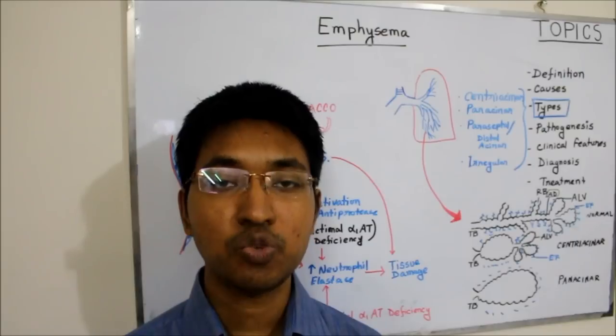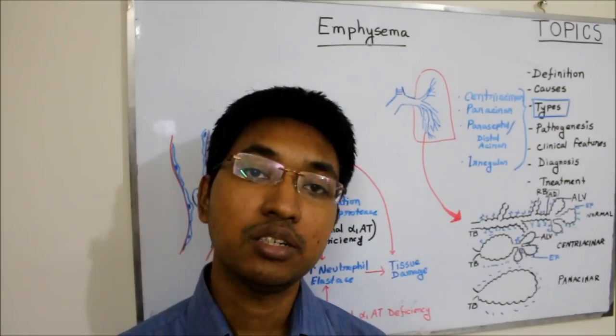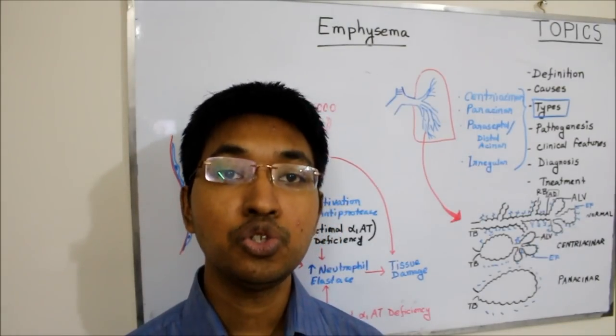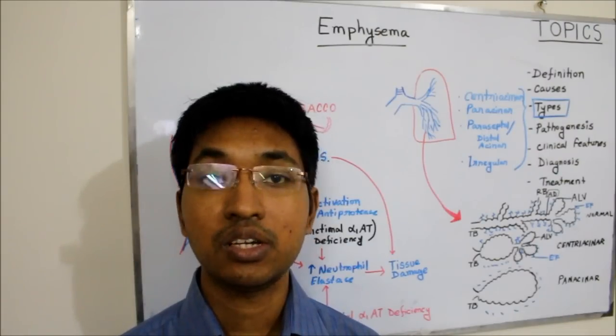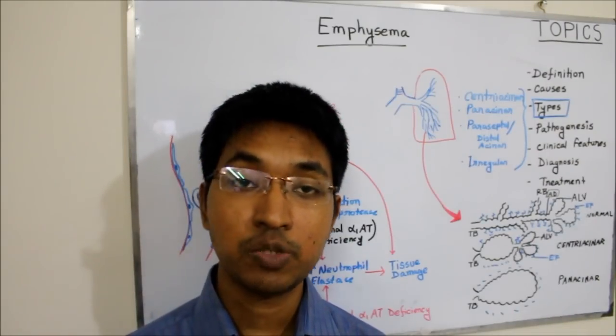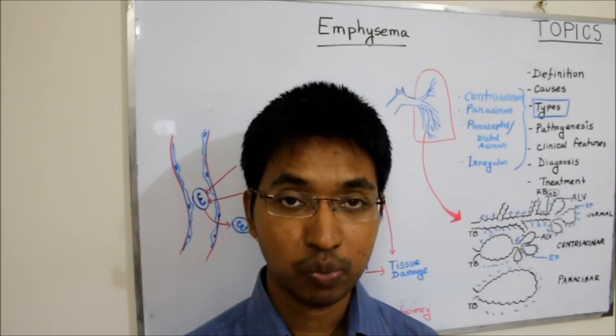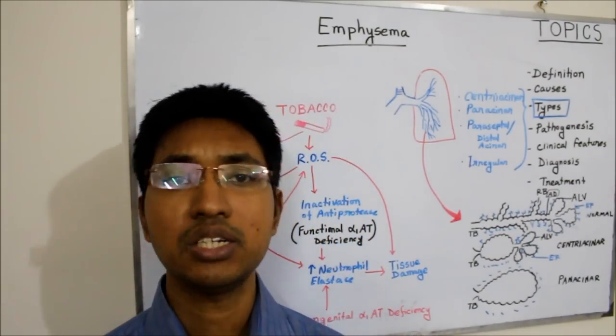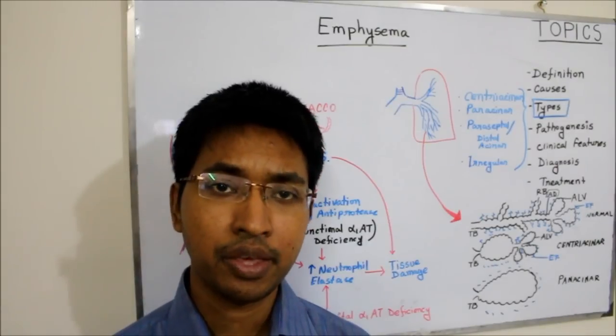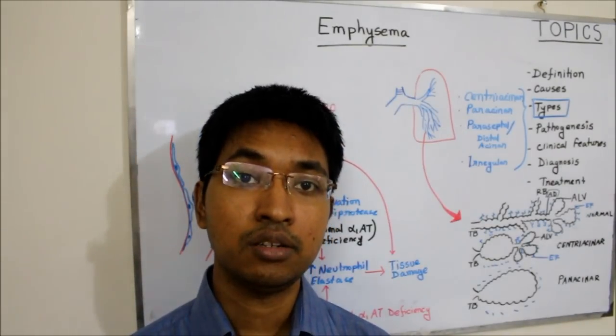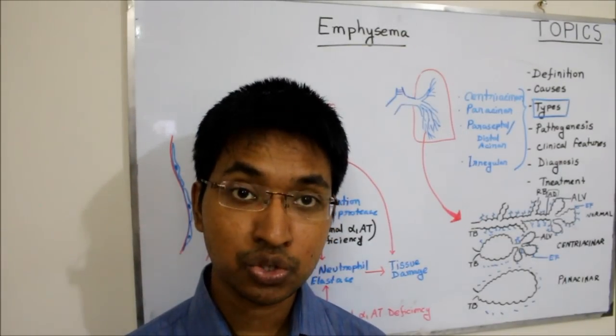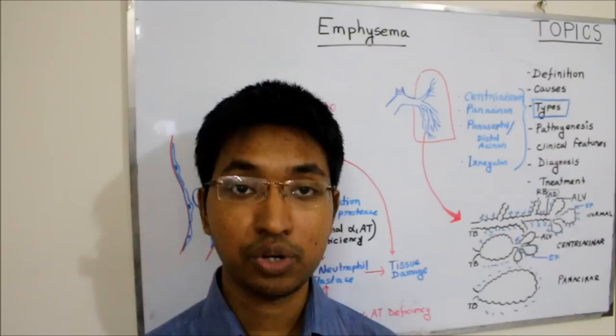Recall from your anatomy classes, we can divide lungs into two zones. They are the conducting zone and respiratory zone anatomically. In the conducting zone, we had bronchi, then we had bronchioles up to terminal bronchiole.